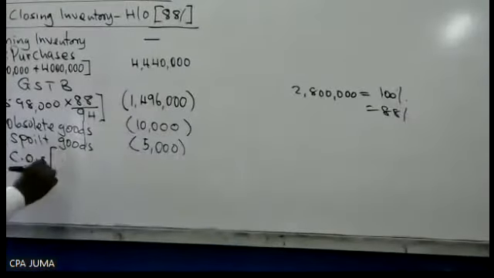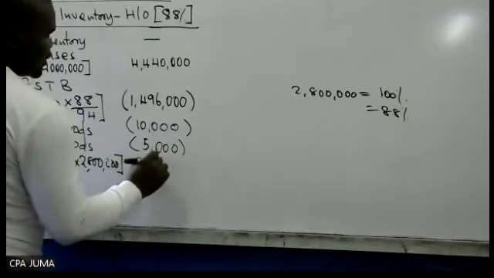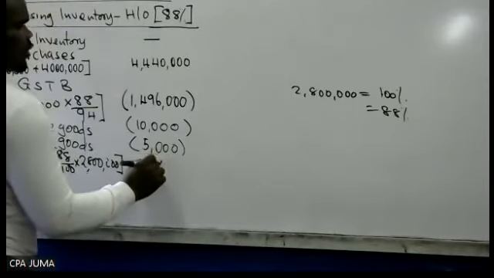Where you have not been given cost of sales, use the sales value, then play around with the cost percentage. 2.464. Okay, and that is all. So the remaining is the closing stock. Closing inventory for the head office. Can you adjust this?